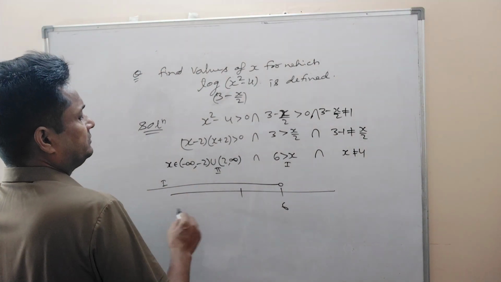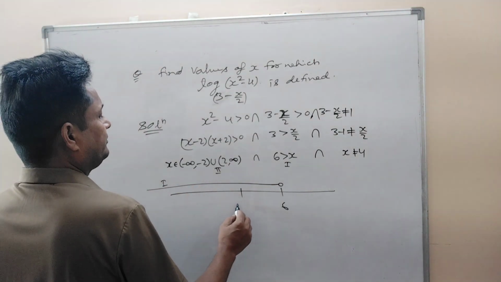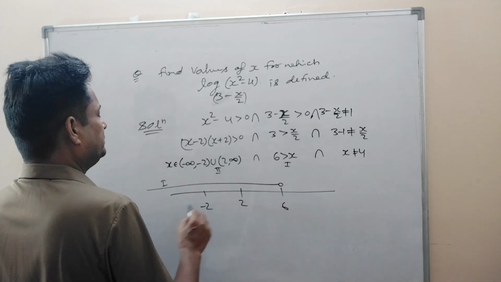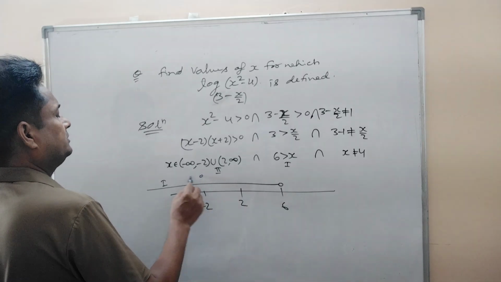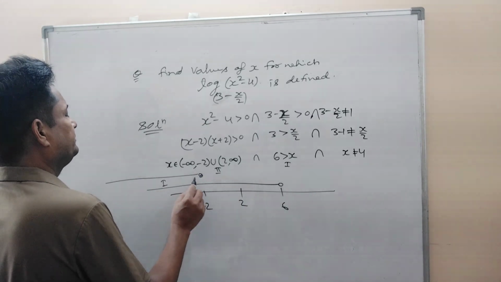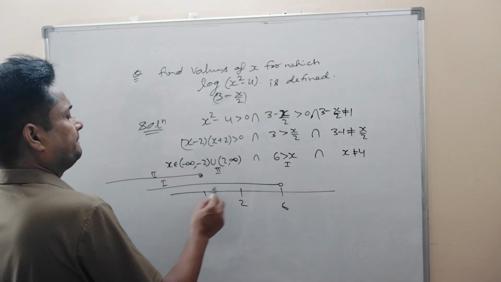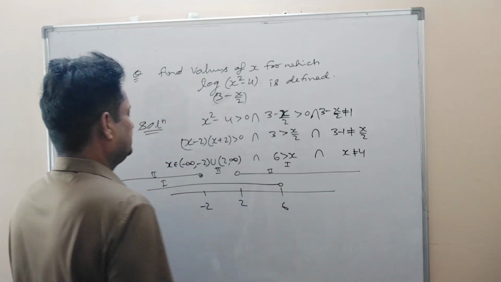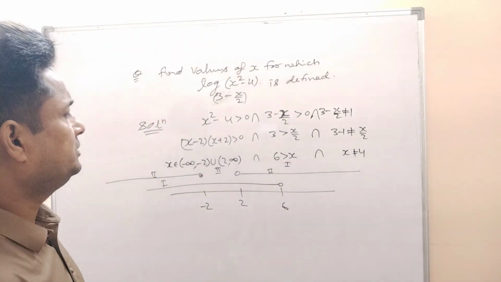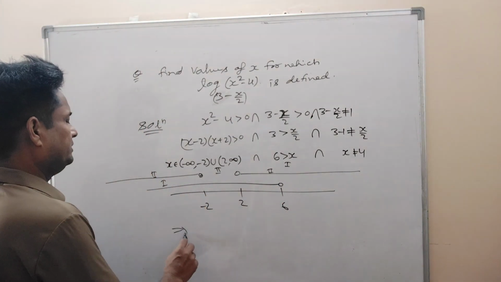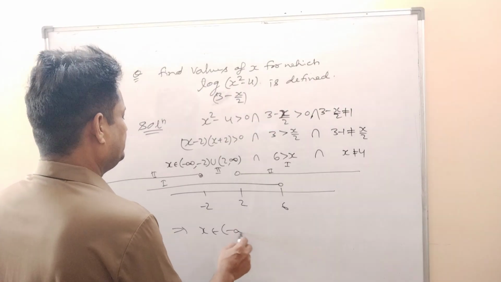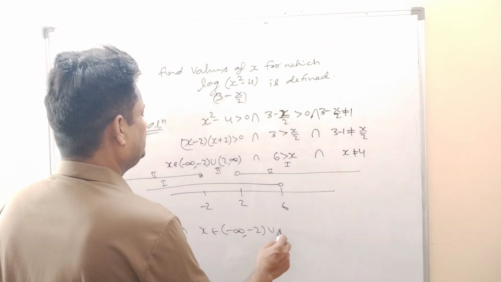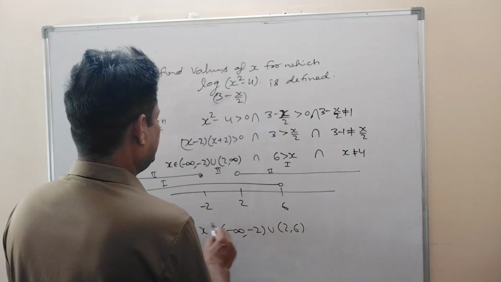Now the second one is what? This is, let's say, 2 and this is minus 2. So this is minus infinity to minus 2, this is the second one, and then 2 to infinity. So what is the intersection between these two? The answer will be x belongs to minus infinity to minus 2 union 2 to 6.